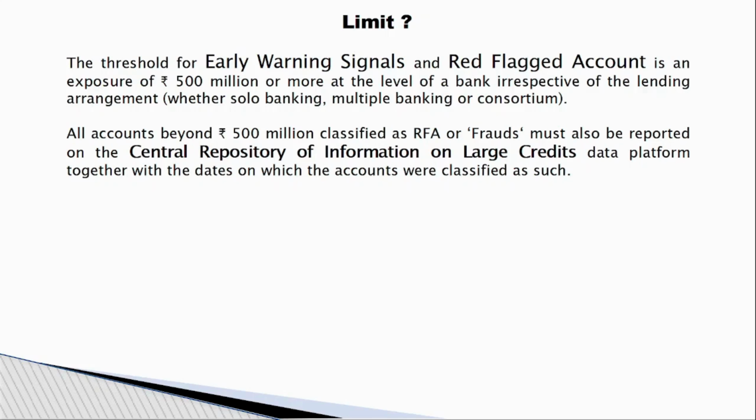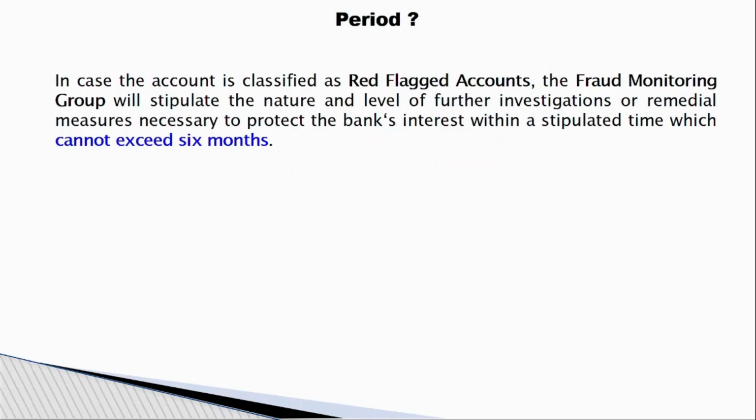So, for example, one account has become a red flagged account. What are the bank staff's accountability and timelines? Everything we'll discuss today. In case any account is classified as a red flagged account, the fraud monitoring group will investigate and take necessary action within 6 months.